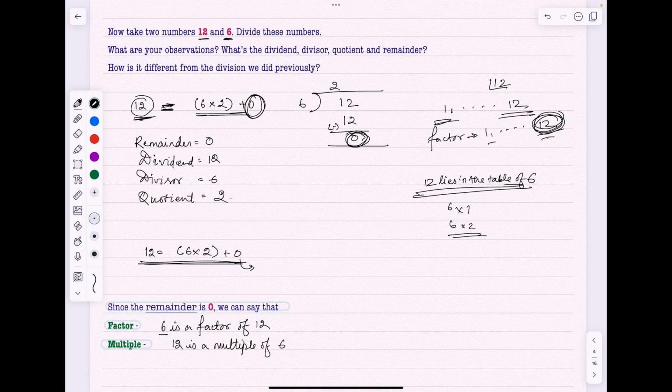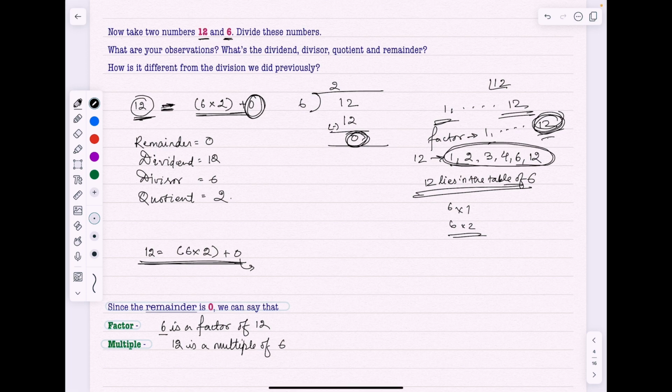Like for 12, 1 can divide 12, 2 can divide 12, 3 can divide 12, 4 can divide 12, 5 cannot, so 5 is not a factor. 6 can divide 12, and then no other number can divide 12 until 12 itself, which can divide itself. So these are the factors of 12.